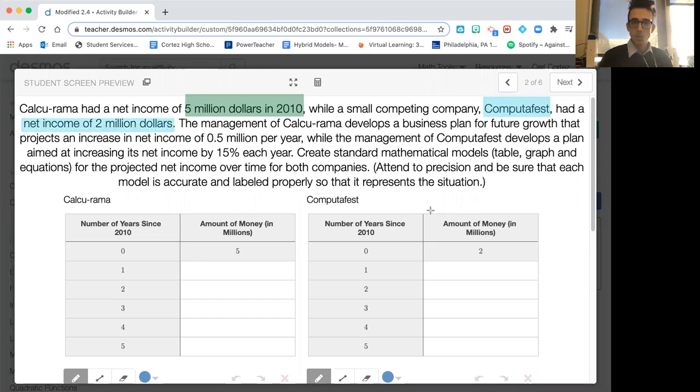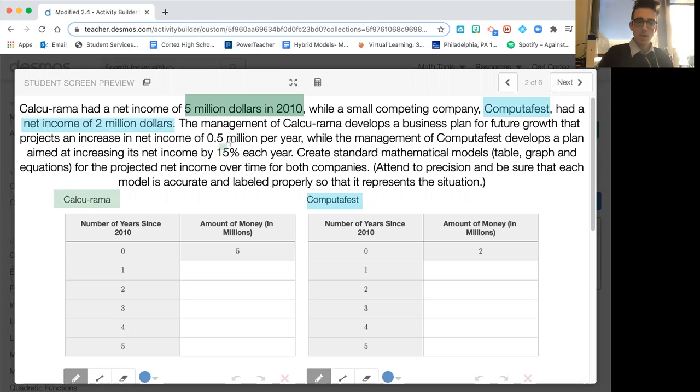So this is dealing with ComputerFest over here, and over here, this table is talking about Calcurama. The management of Calcurama develops a business plan for future growth that projects an increase in net income, so the total income, of 0.5 million per year, while the management of ComputerFest develops a plan aimed at increasing its net income by 15% per year.